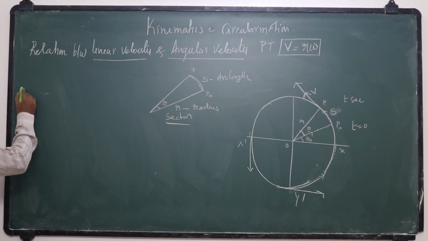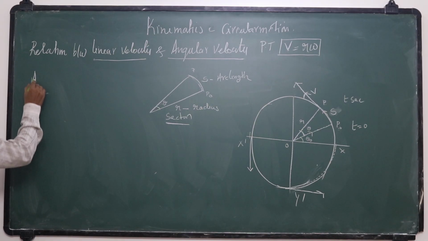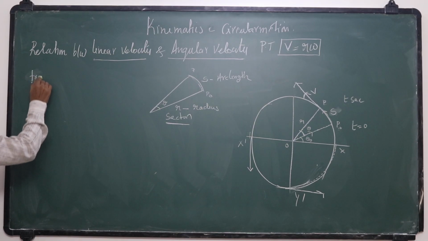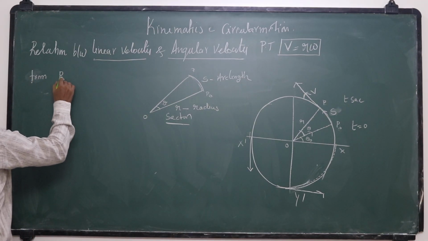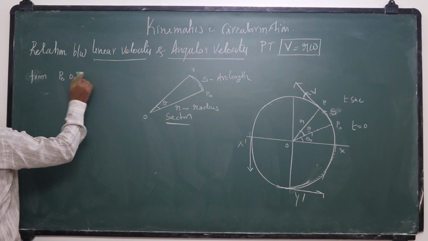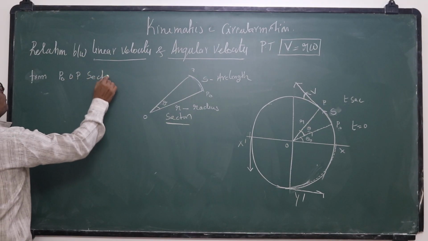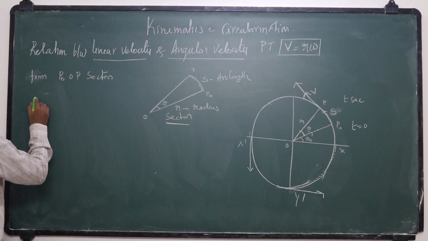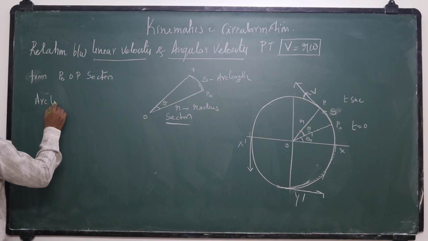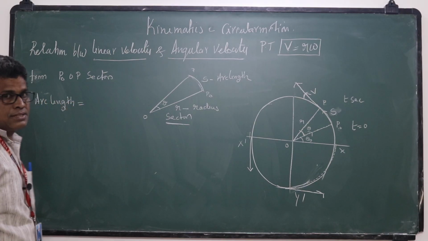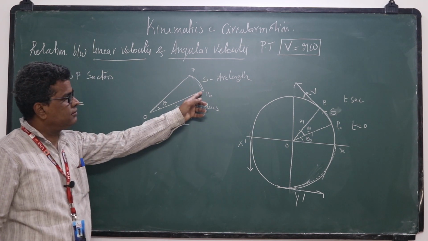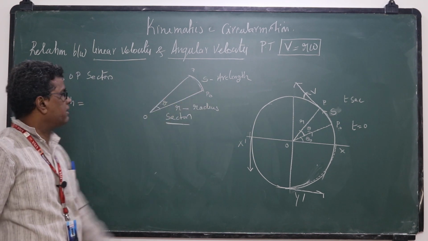The arc length is the distance travelled by the particle in a small interval of time.